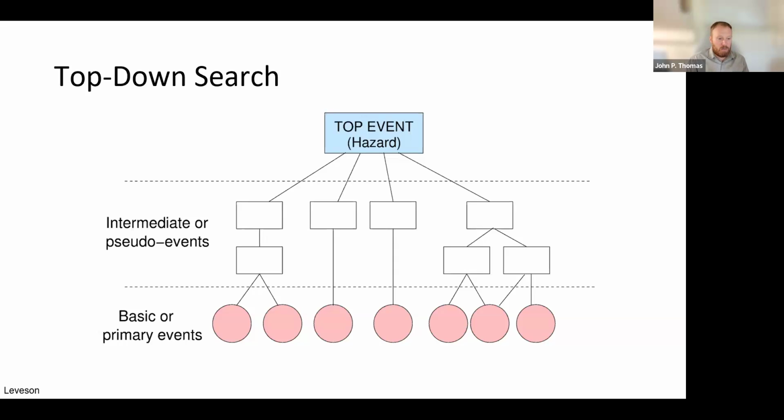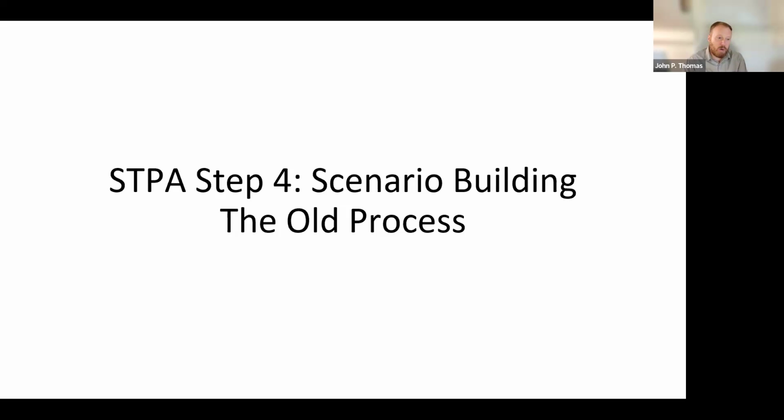Or maybe we don't want to be limited to failures. We want to look at more detailed sort of states that might be involved in the high level sort of super state, if you will. So the top down approach is what we want to use in any scenario building process. Let's do a quick review of the old process that's described in the STPA handbook.